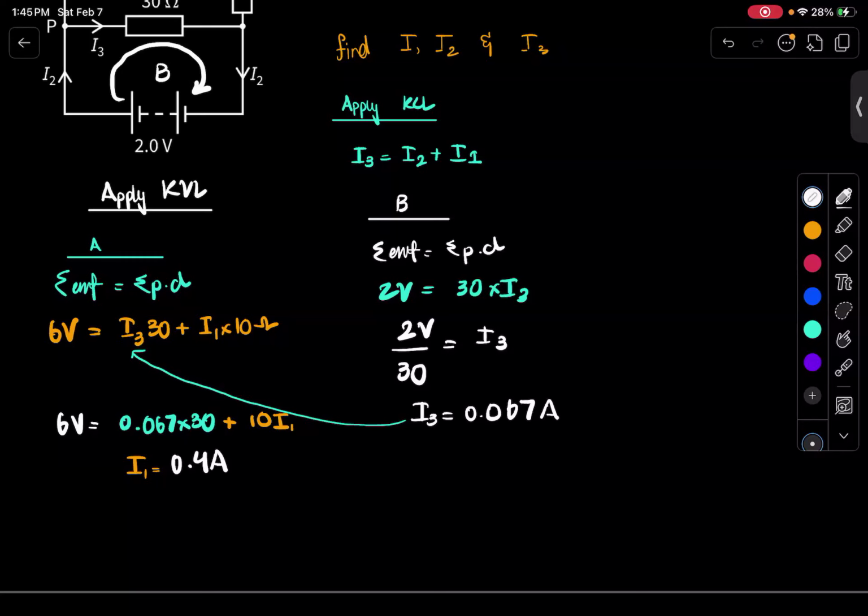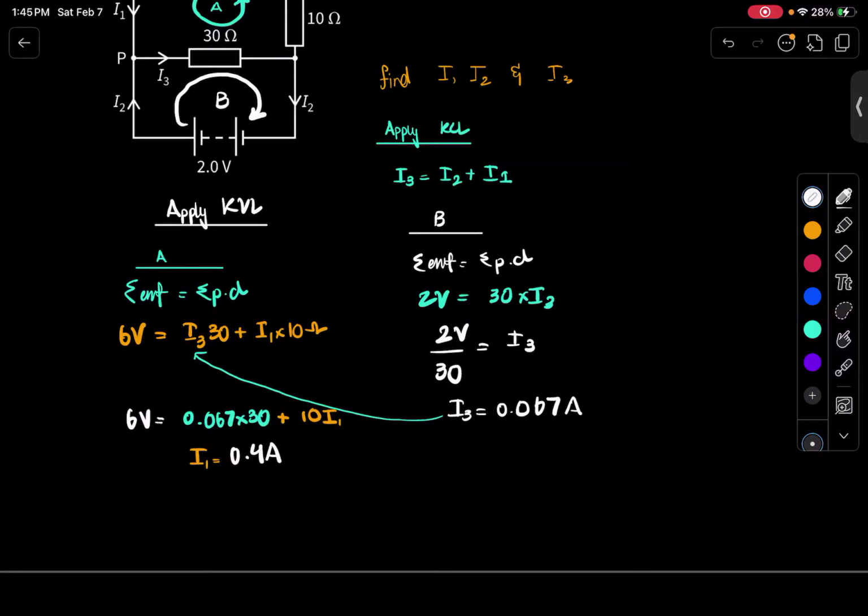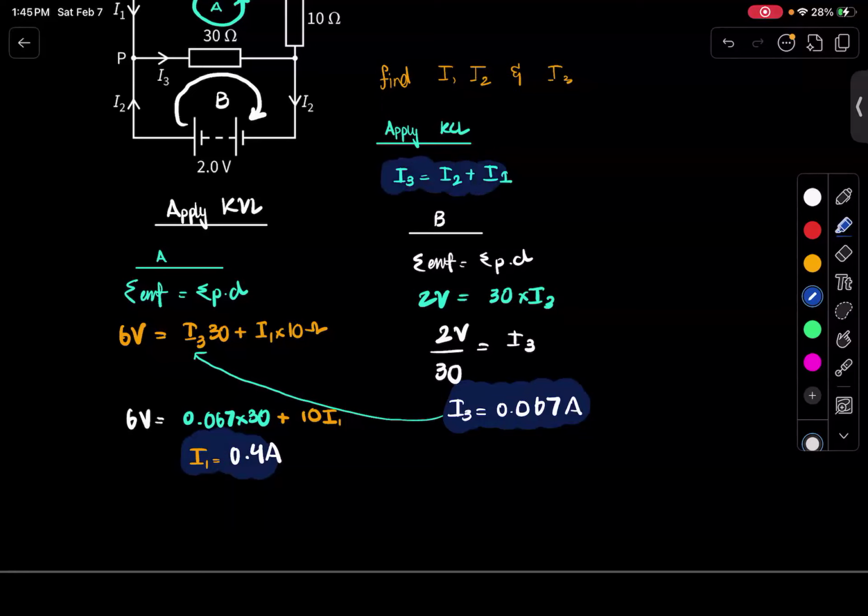Now what else? Oh, we figured it out. We've already figured out I3, we've already figured out I1, and we already have the equation that connects all three of them. So you can figure out I2 using that. So I3 minus I1 is equal to I2, right? Now, what was I3?